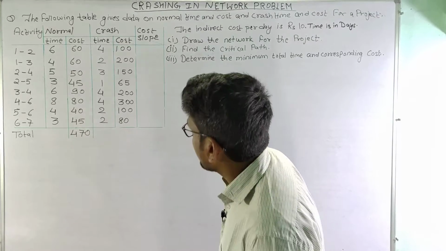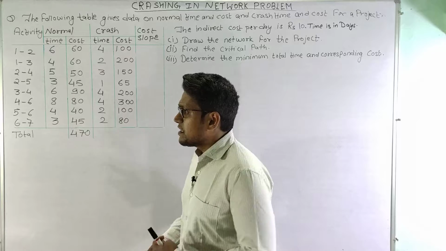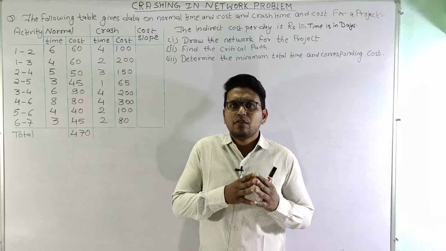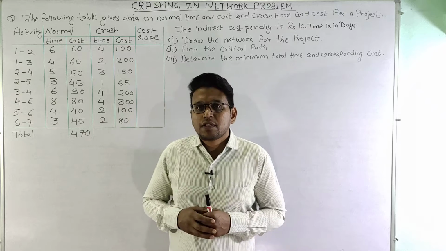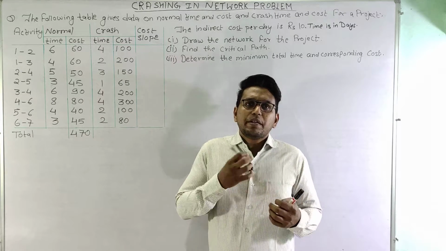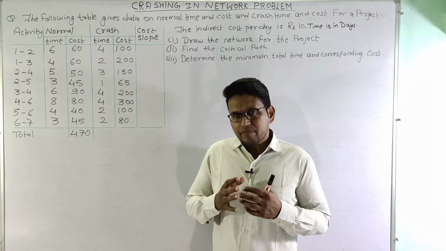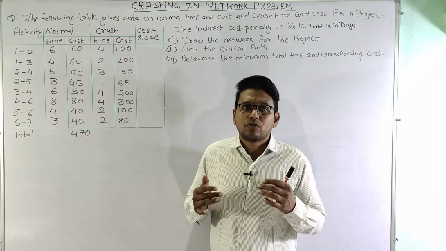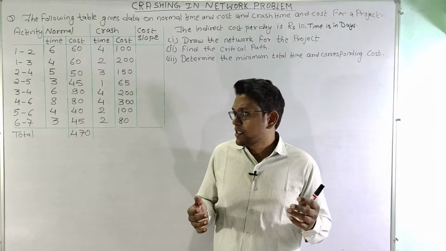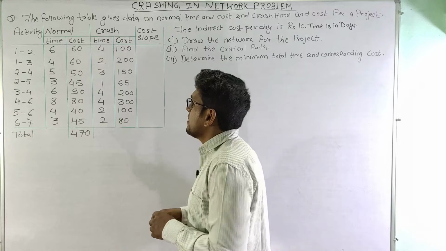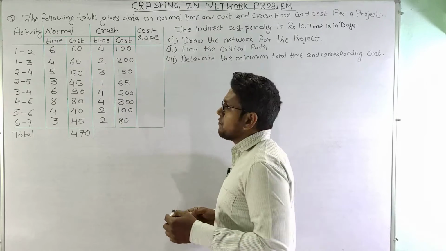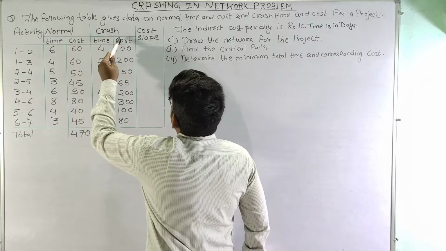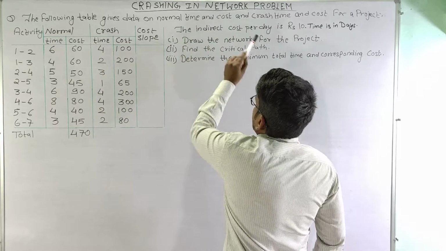In the previous lecture, we have seen that there are two types of cost in a project: direct cost and indirect cost. Direct cost directly depends on the material and the indirect cost depends on the duration of the project. And we have also seen that in our problem the costs are given in the form of normal cost, crash cost and indirect cost.